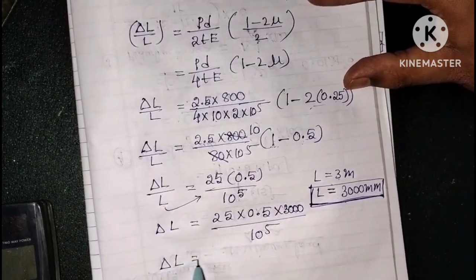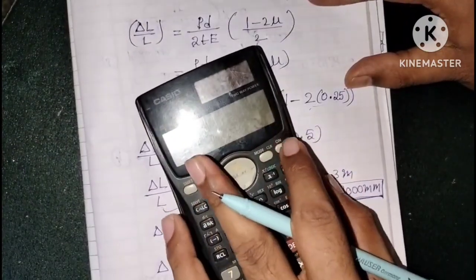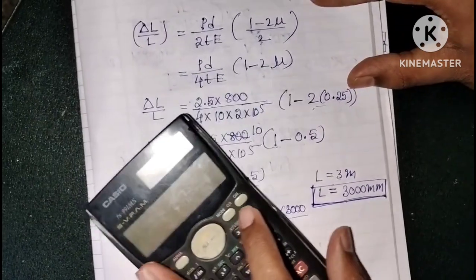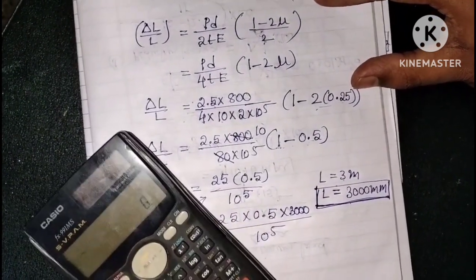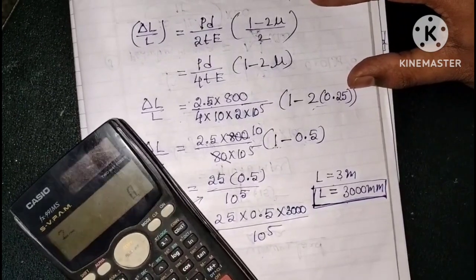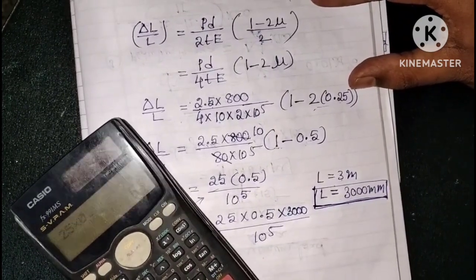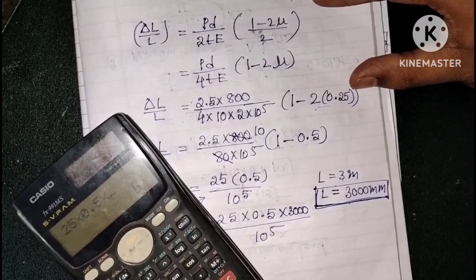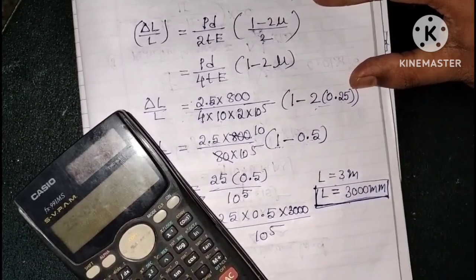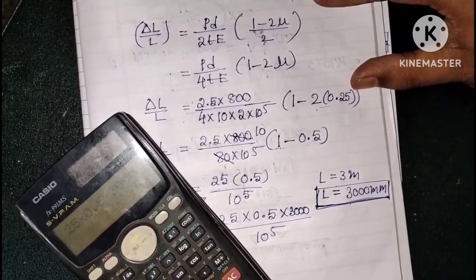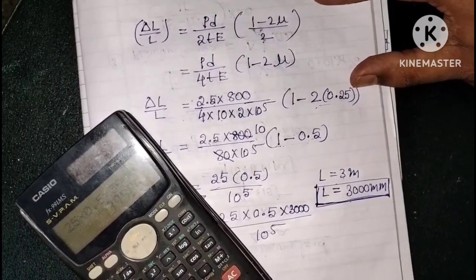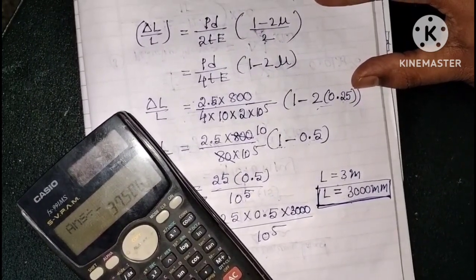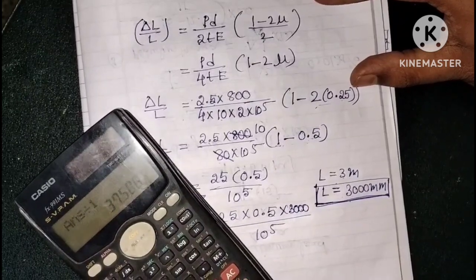Now delta L is equal to, okay now let us use a scientific calculator again. So 25 into 0.5 into 3000 divided by 10 power 5.